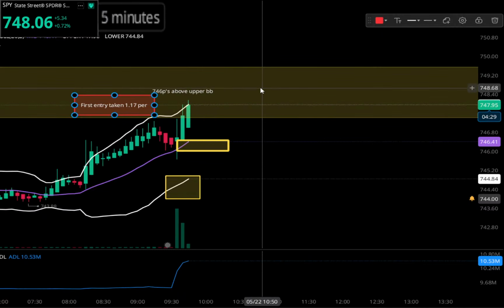Technically this is still an entry, but I don't want you to overload contracts. So again, I keep my blocks within 2 to 4 contracts at a time. So for me, I'm going to go ahead and enter 2 more of these contracts.